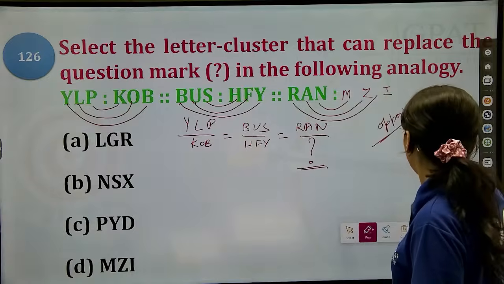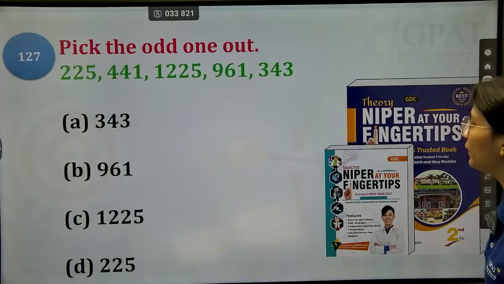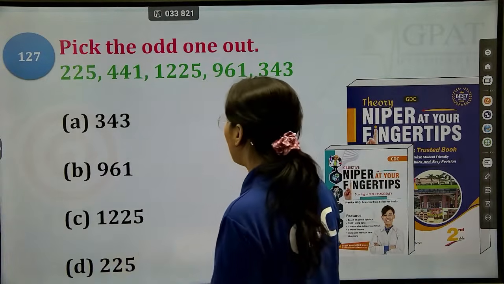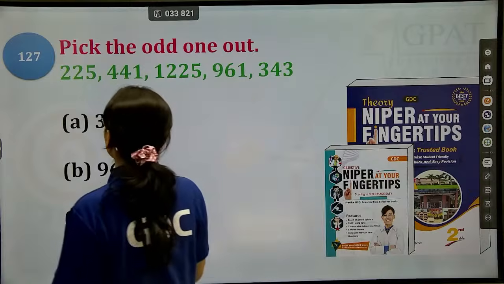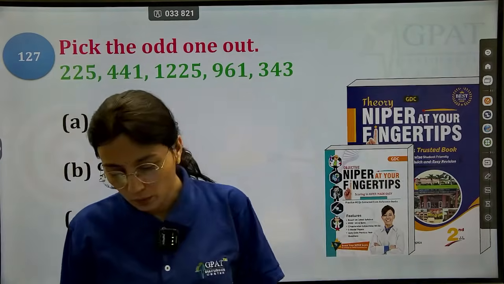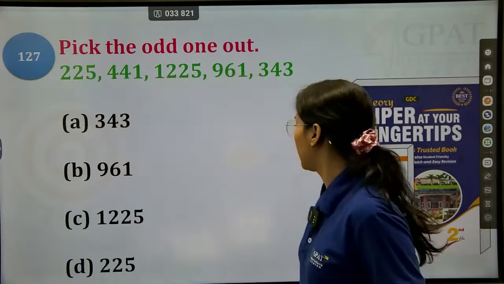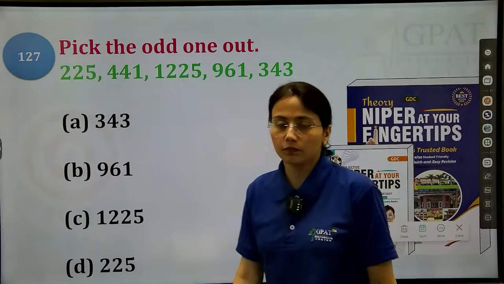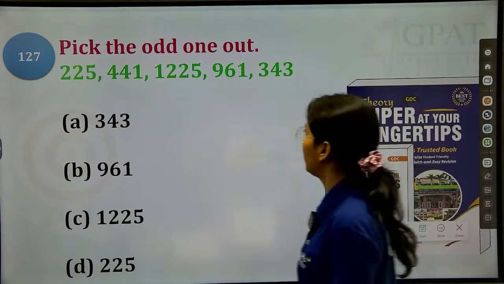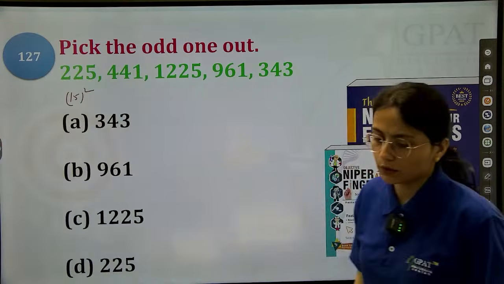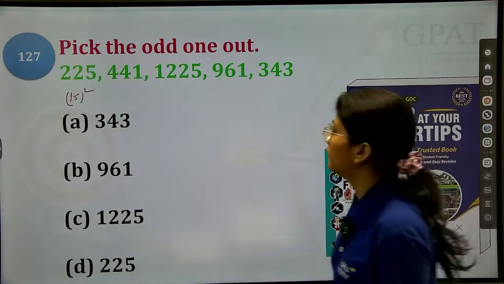Okay, now move to the next question, that is question number 127. In question number 127 we have to pick the odd one. 225 is the square of what, that is 15. 441 is the square of what, that is 21.